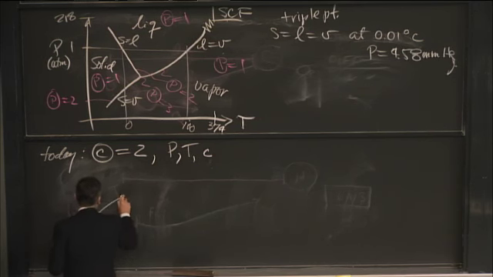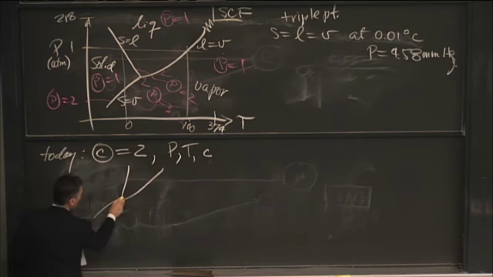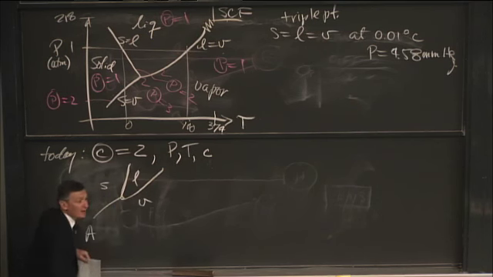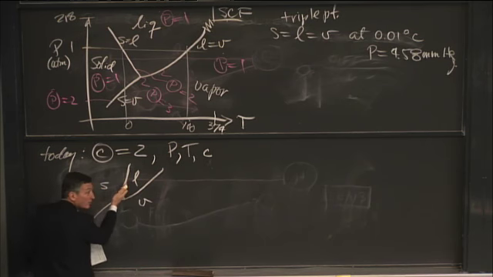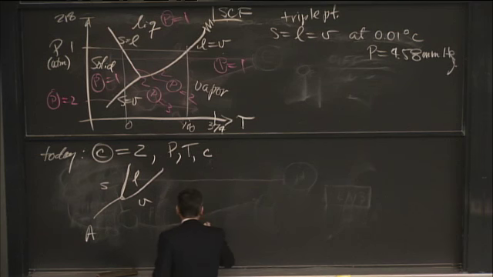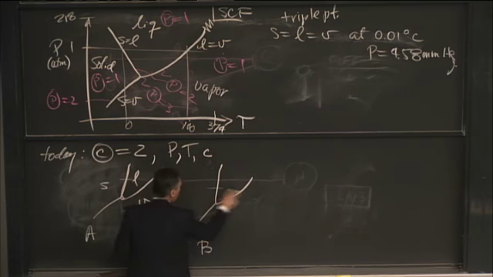So here's substance A, and I've got its one-component phase diagram. In this case, I'm going to put solid, liquid, vapor in the conventional setting, where the solid-liquid coexistence curve has a positive slope. So this is A, and let's say I've got B over here, and it's got its solid-liquid coexistence curve, and so we've got its melting point and so on.